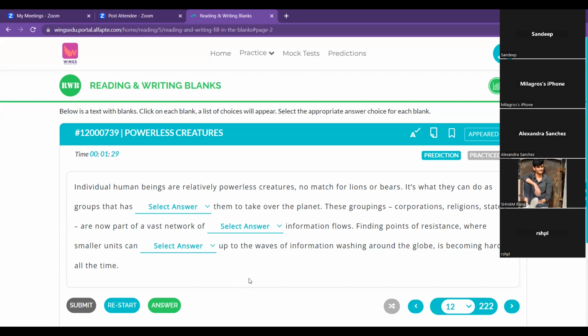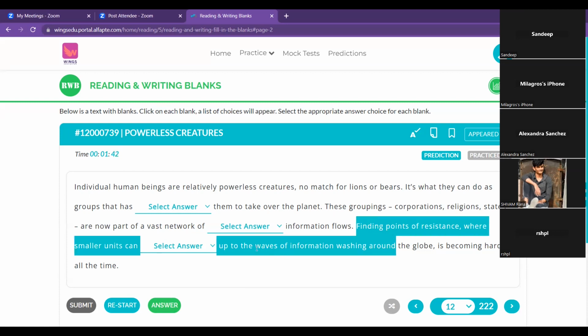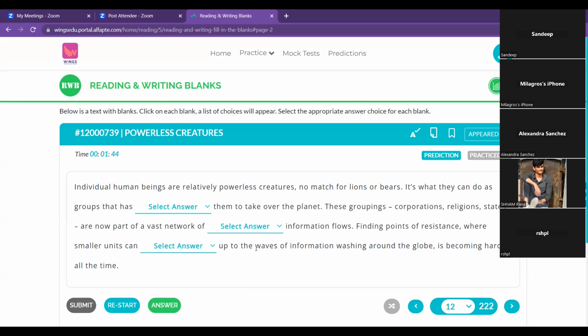These groupings, corporations, religions, states are now part of a vast network of information flows, feeding points of resistance where smaller units come up to the waves of the information washing around the globe. It's becoming harder all the time. Thank you, Mila, for reading beautifully.